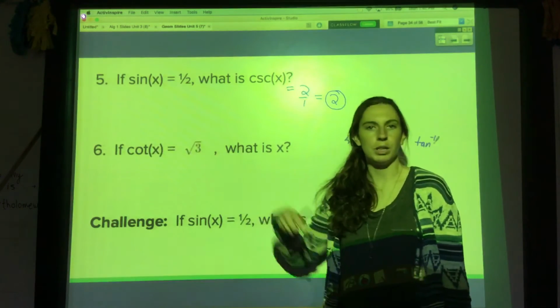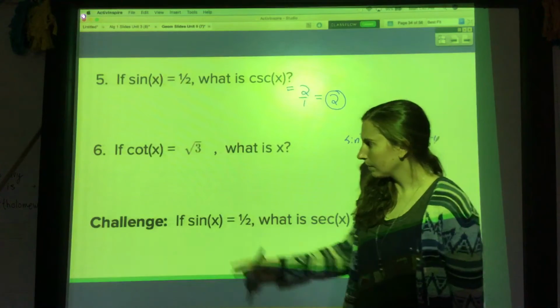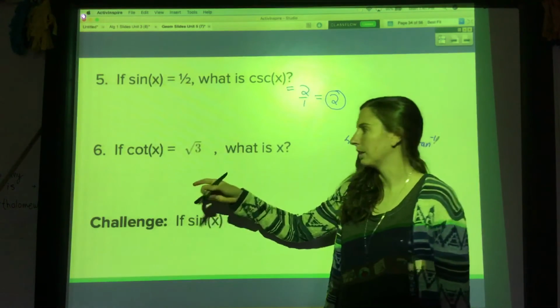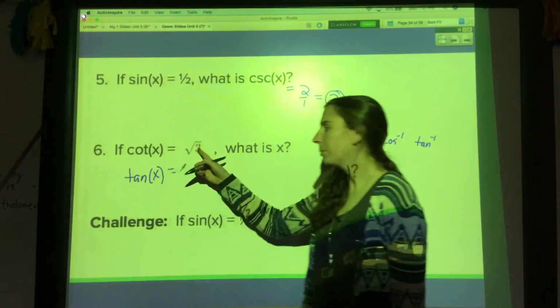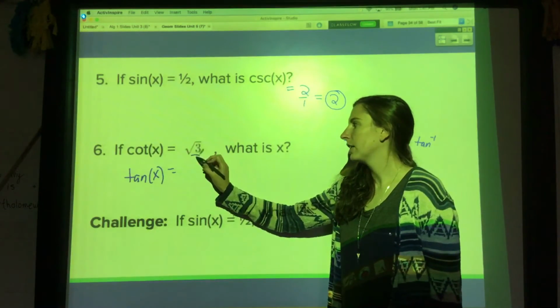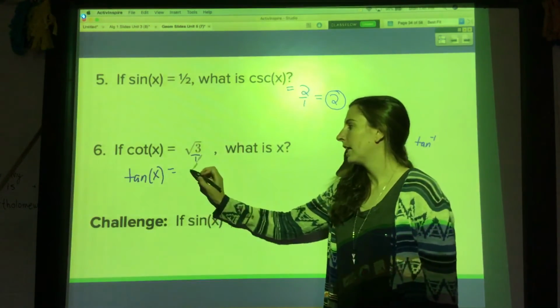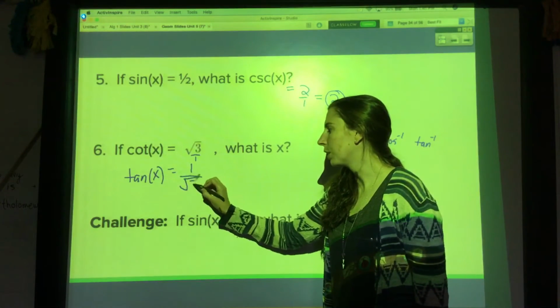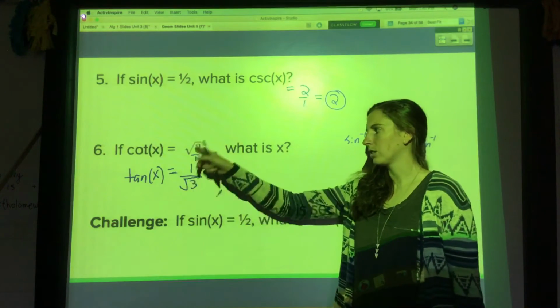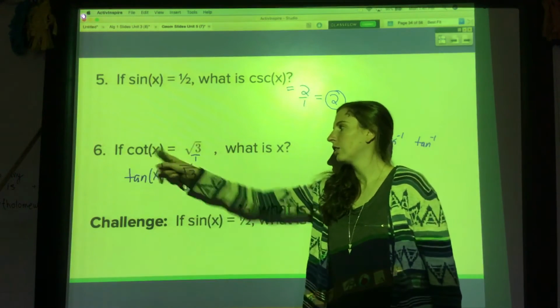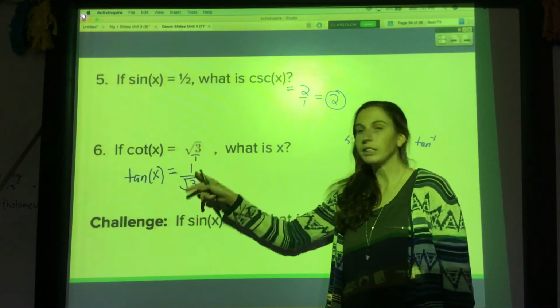Rewrite this with tangent. If this is the cotangent, then the tangent is the flipped version of this. Rather than square root of 3 over 1, it would be 1 over the square root of 3. These two things are identical. If the cotangent is this, flip it and you get the tangent.